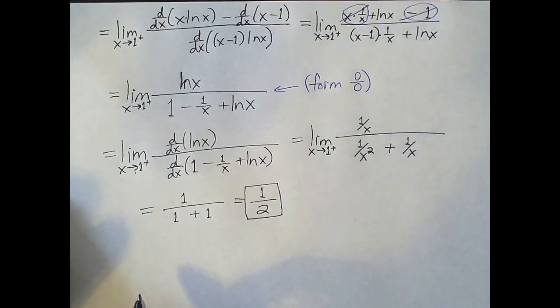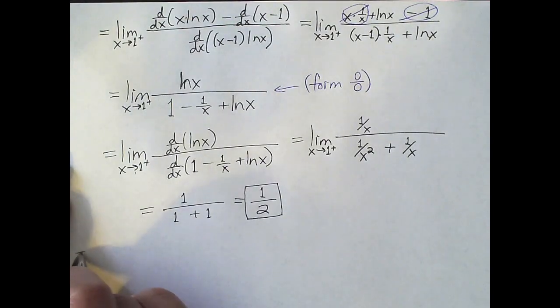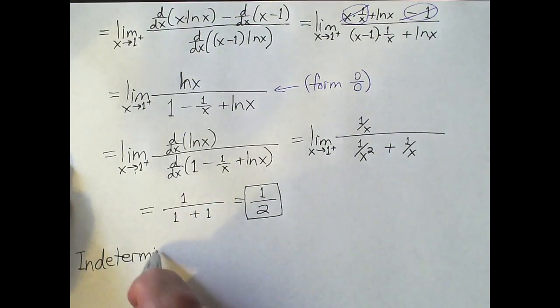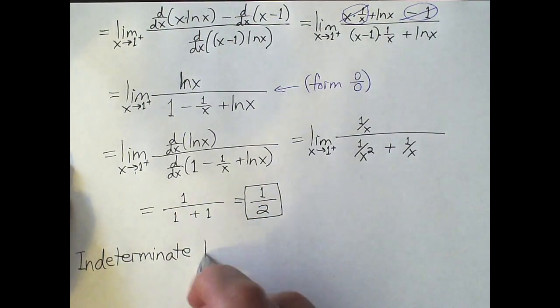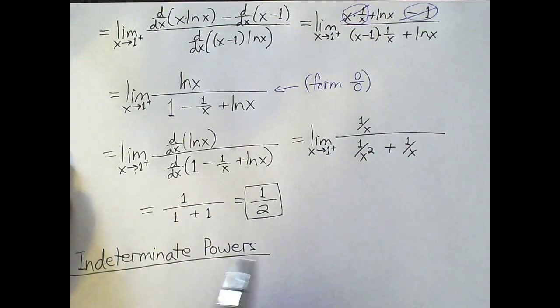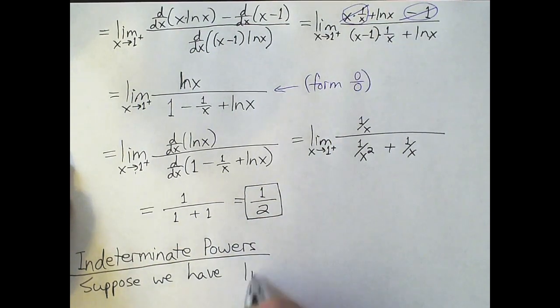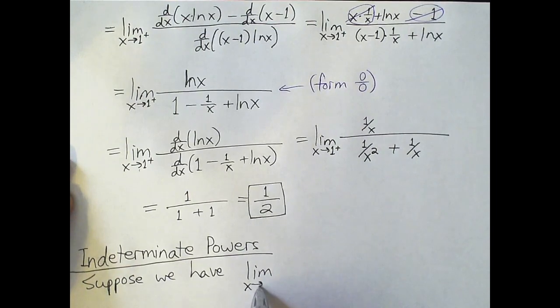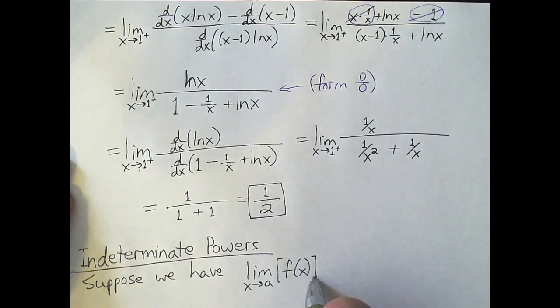So it turns out that there are also a couple of other indeterminate forms, and what I want to talk about next are indeterminate powers. We don't see these as often, but suppose we have a limit of a function raised to a function.